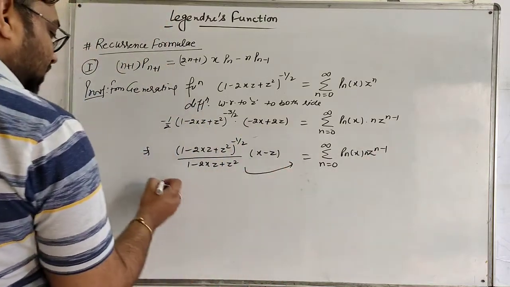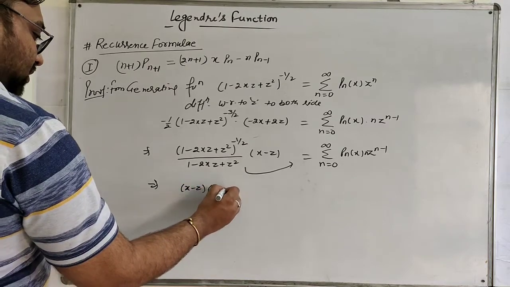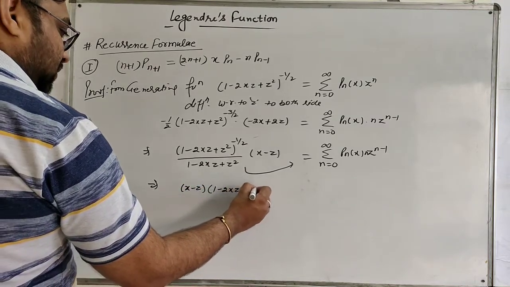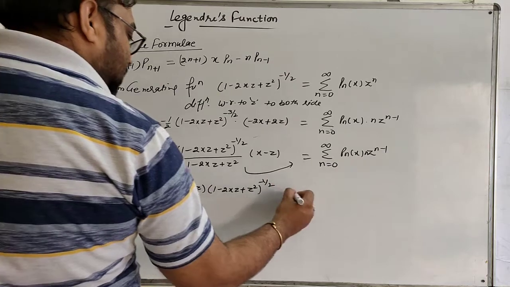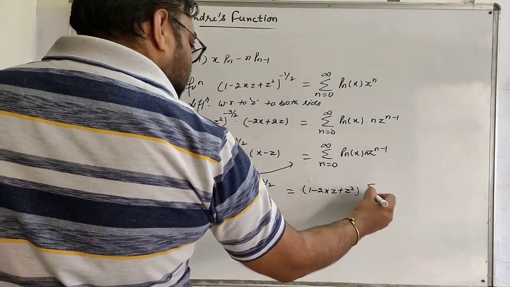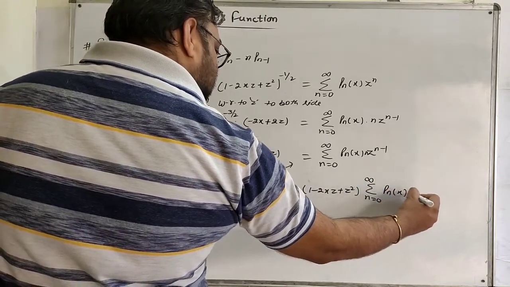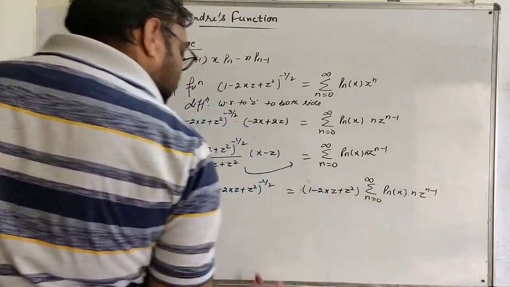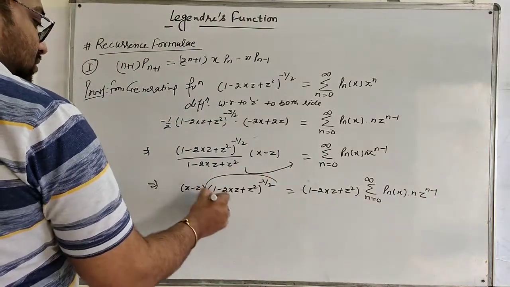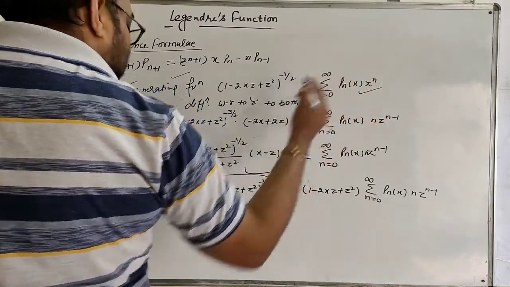Taking this into the right hand side, we get (x - z)(1 - 2xz + z²)^(-1/2) = (1 - 2xz + z²) Σ from n=0 to infinity P_n(x) n z^(n-1). This is also the generating function, so we can replace it by this.